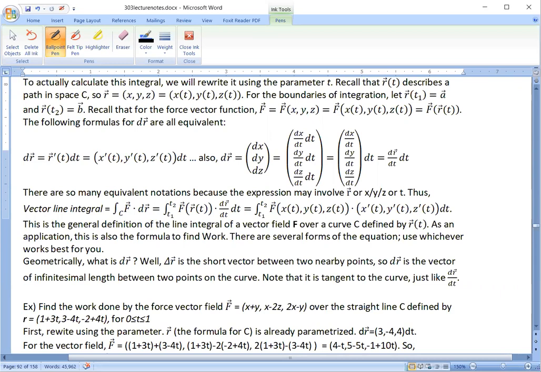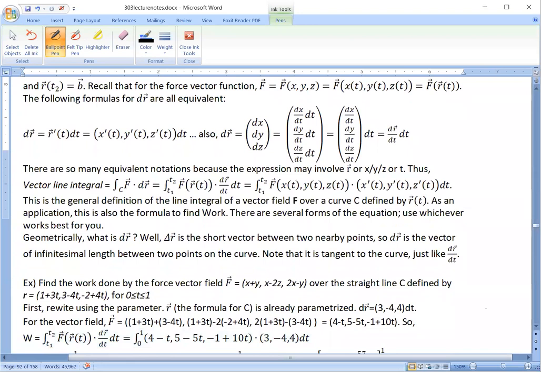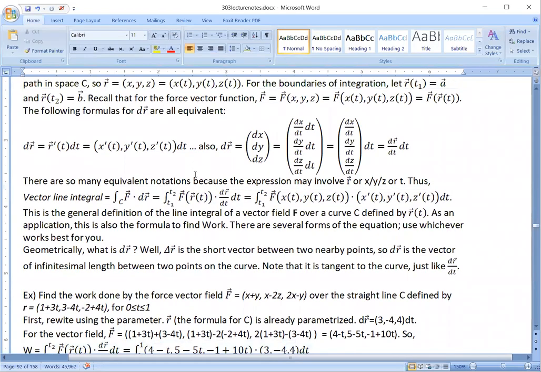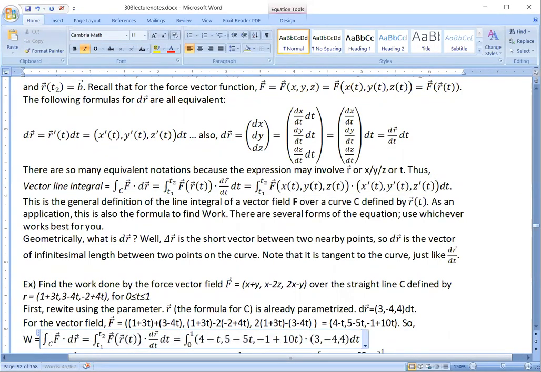Put it all together, and what do we get? The integral becomes, so remember that it's always just the integral. Here we're finding work.